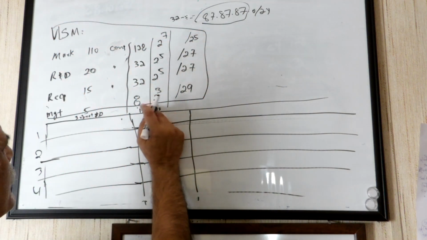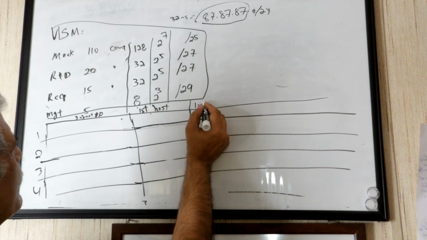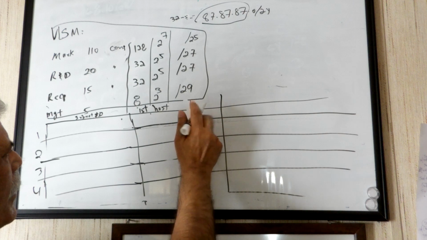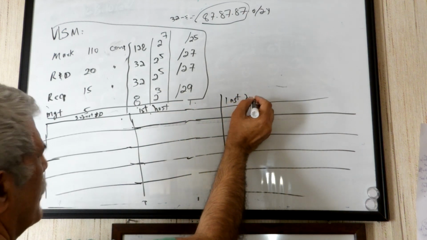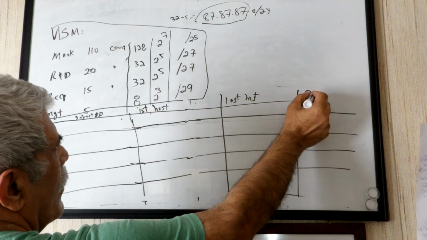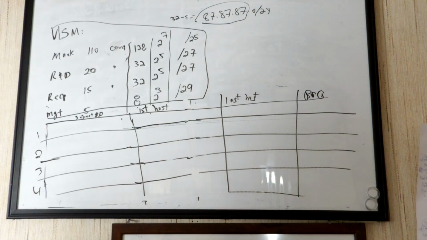Okay, first host, and then last host. Maybe the space is a little bit more. Last host, and then broadcast ID. Okay, we are going to use this one, okay?